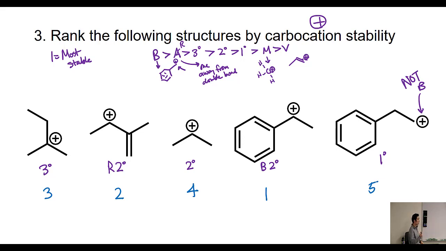Do y'all know why the tertiary is better than the primary? There's a term for that. You guys don't need to know it, but I like to explain why it is. When I have a tertiary, I have more methyls. When I have more methyls, what I get is something called hyperconjugation.